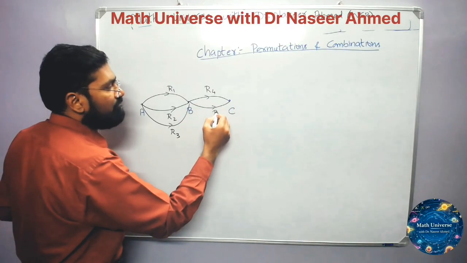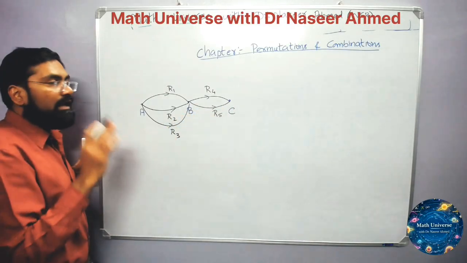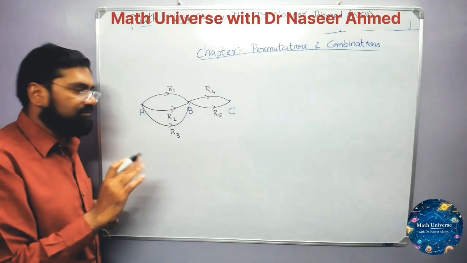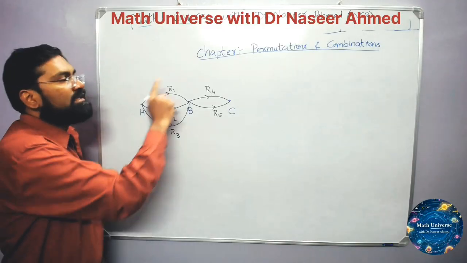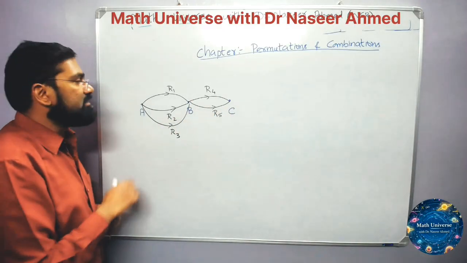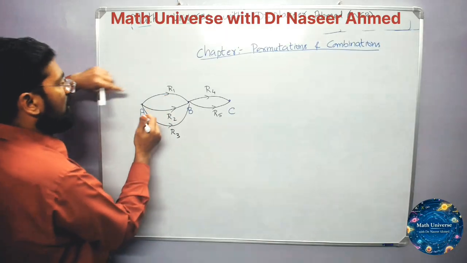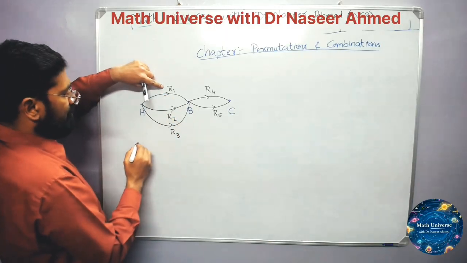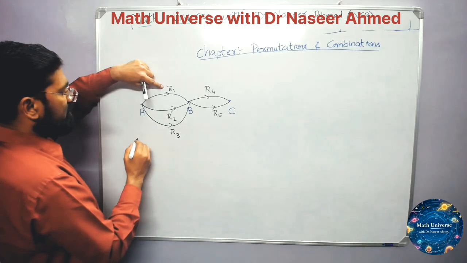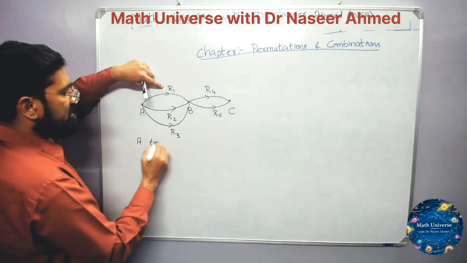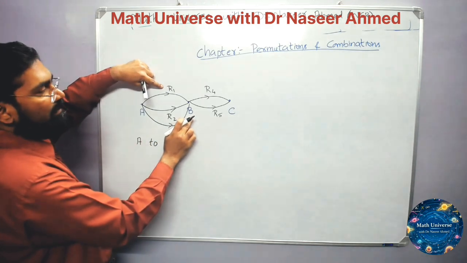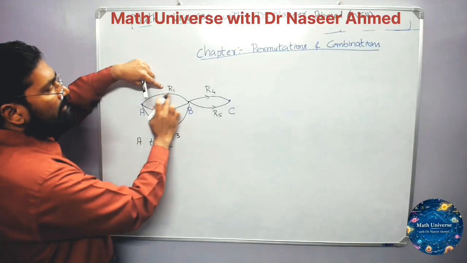Now the thing is, in how many different possible ways can I reach from A to the destination C? Let us try to have a count. If I fix R1, from A to B, R1. I have to reach from A to C via B. So first way, A to B, R1.